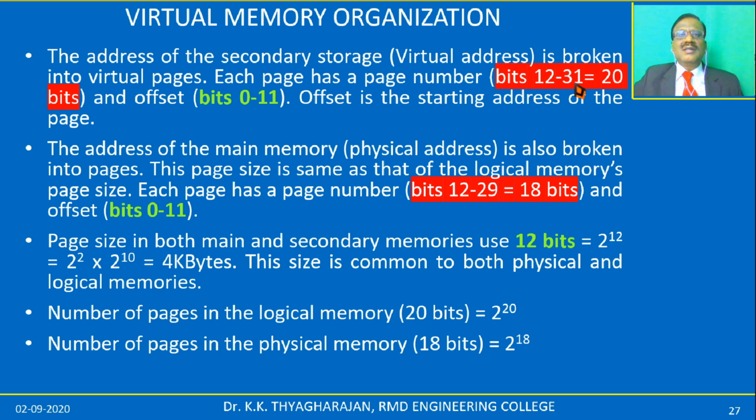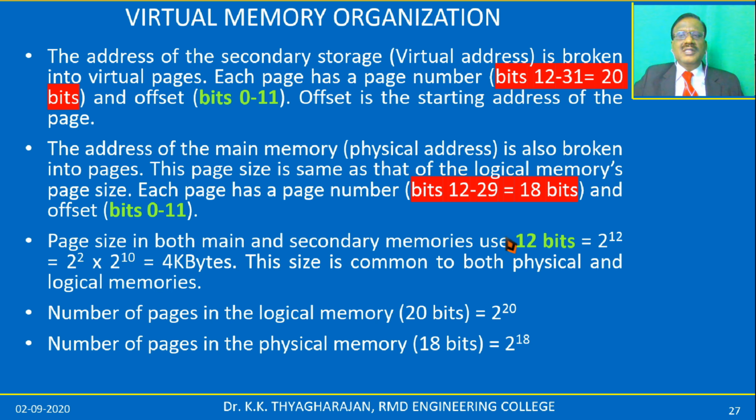So for secondary storage, 20 bits are used, but for main memory, only 18 bits are used to address the number of the page. But the offset is same. It is using 12 bits, right? So the page size in both main and secondary memories use 12 bits.